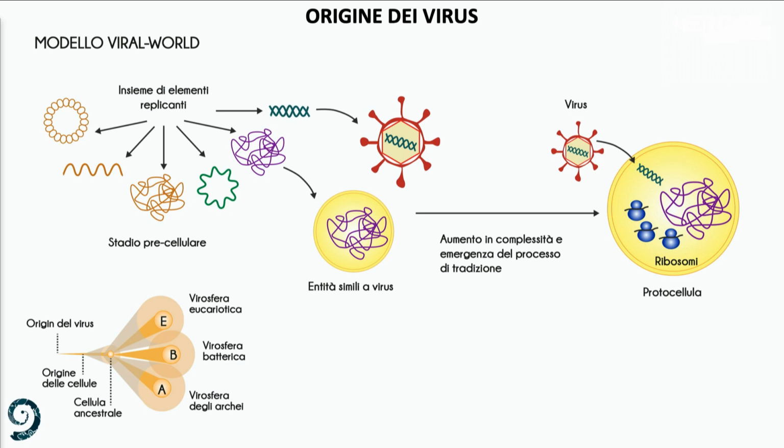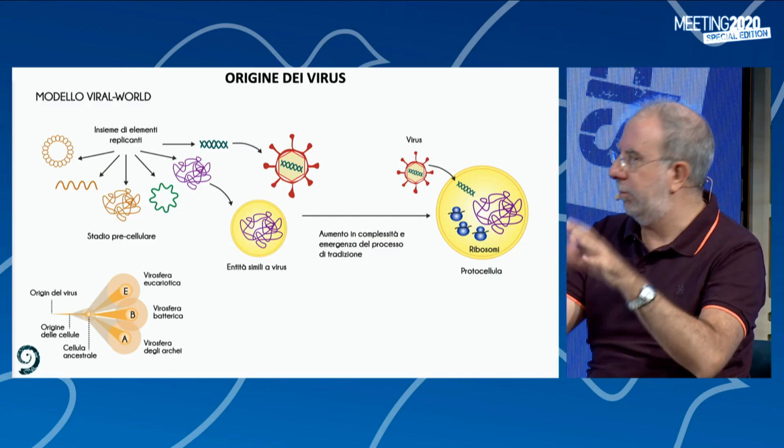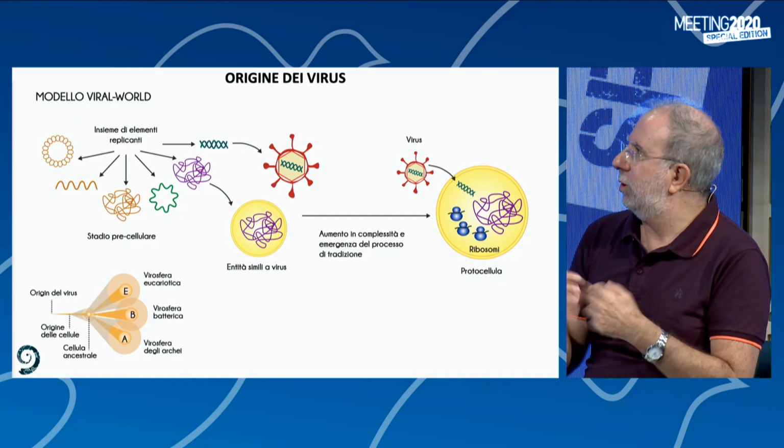There's a system whereby there are self-replicating RNAs which can get an outer coat or an outer capsid. So this is the first viral structure made up of an RNA genome with a protein shield or a lipid shield.